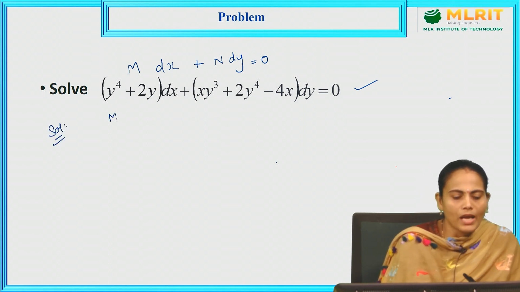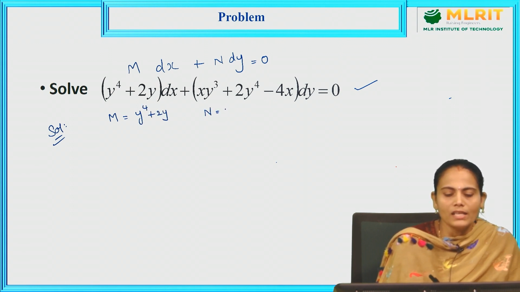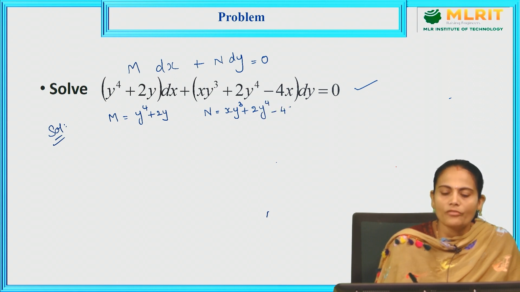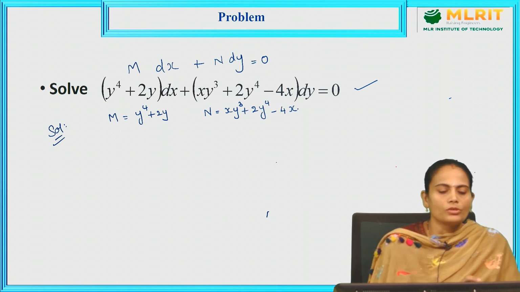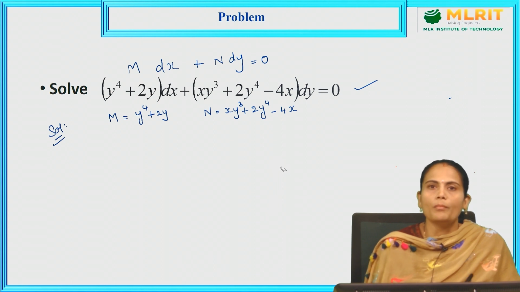Here M is equal to y^4 + 2y and N is equal to xy^3 + 2y^4 − 4x.